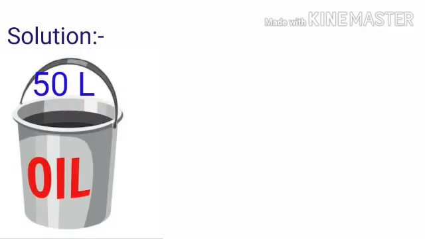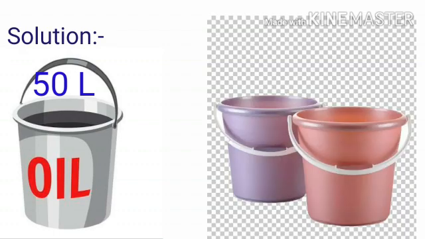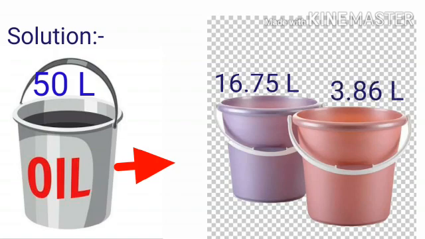There is 50 liter of oil in a can and 16.75 liter was taken out in one bucket and 3.86 liter in other bucket. So we need to find out how much oil is left in the can.